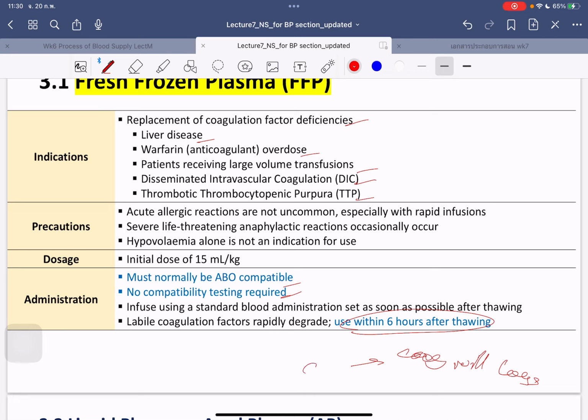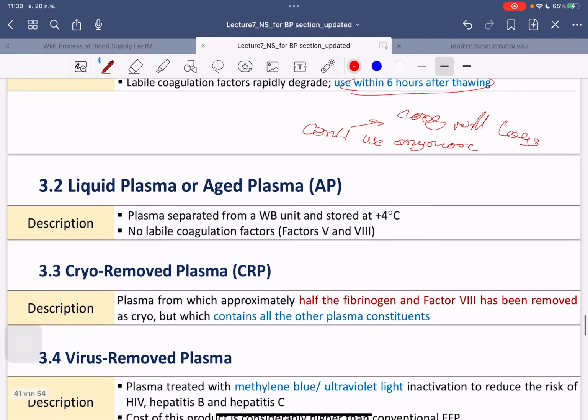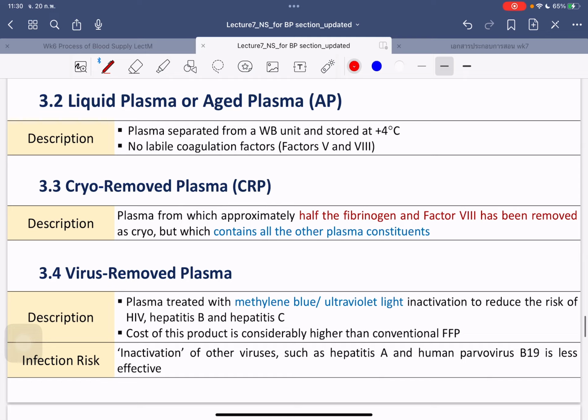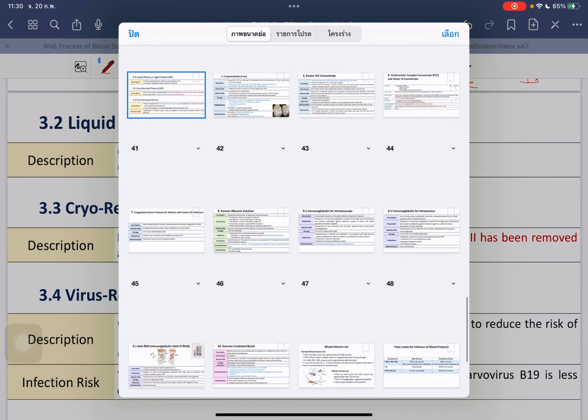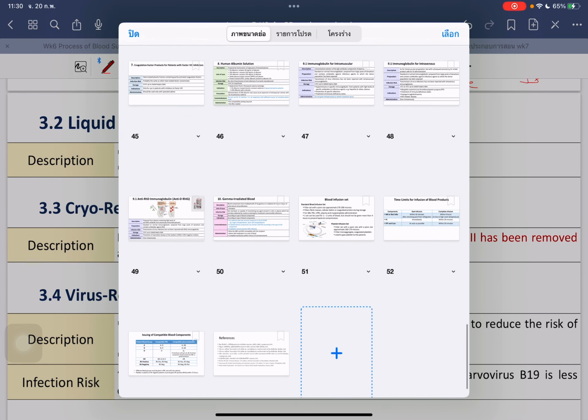The next one is liquid plasma or H plasma. For FFP, you separate plasma within 6 hours. But for H plasma, you separate plasma after 24 hours, such as the protocol of Tasala Hospital. They separate plasma after 24 hours.